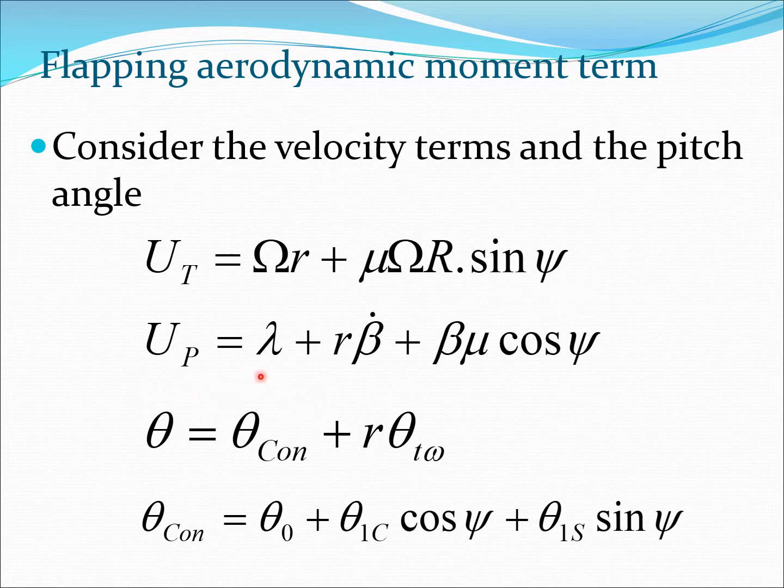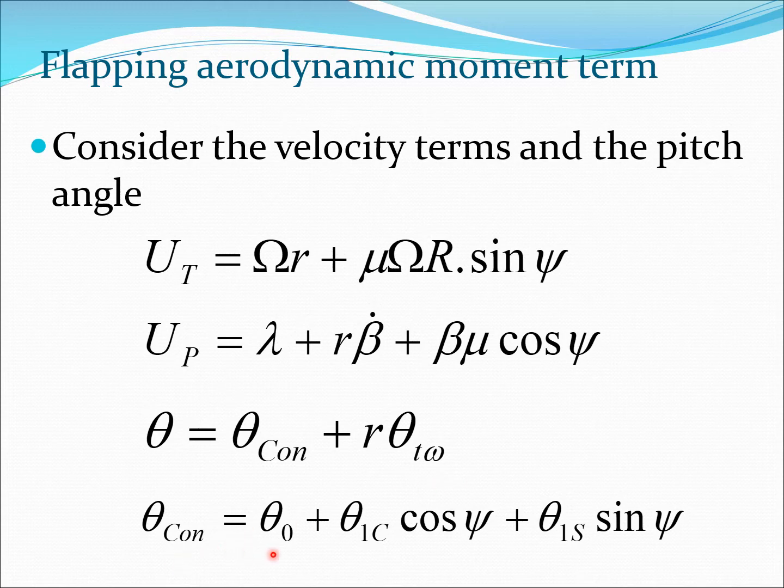UP has a component given by lambda, the induced velocity, a component given by beta dot, which is happening because of the flapping velocity, and then there is a component which involves mu in forward flight. Theta is given by theta control plus r theta tw, where that is the twist.